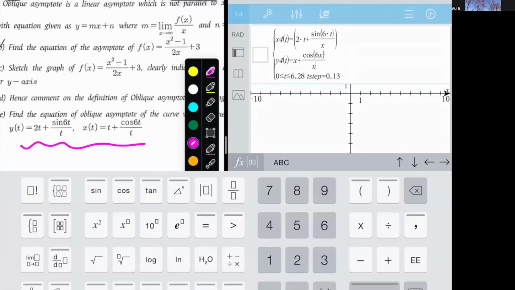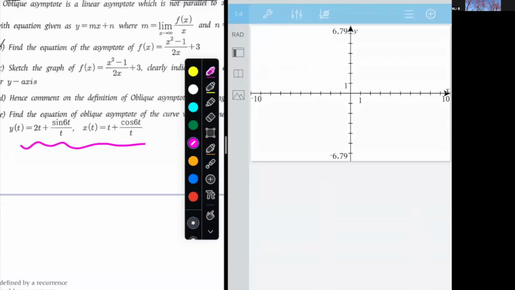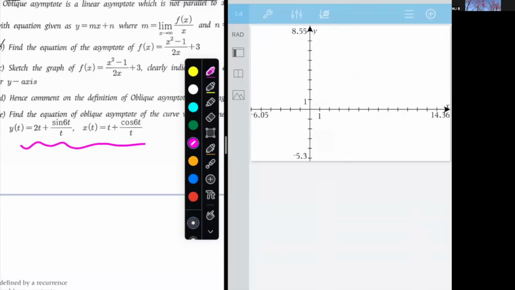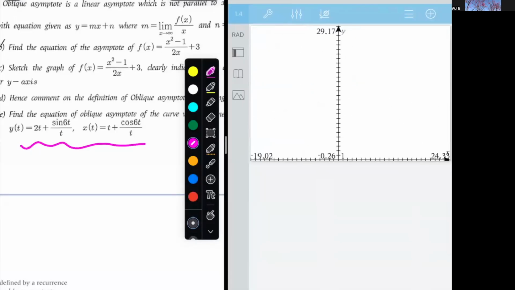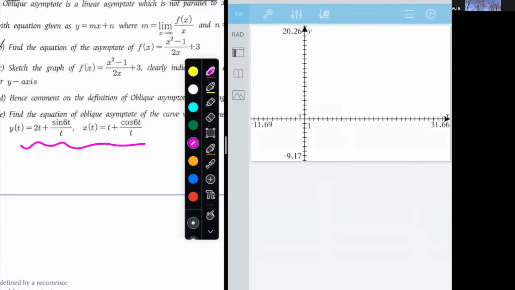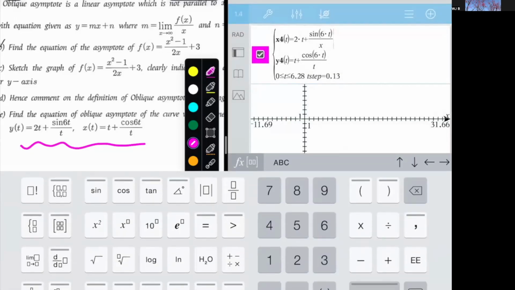No problem. Oh, sorry, I was meant to put t for the parameter. And then if you see the graph, or even if you don't see it, maybe you should try to zoom in or zoom out. Give me 1 second. Why doesn't it show? 2 times t. Oh, I got it. I think I got the order incorrect, because on the question it says y.